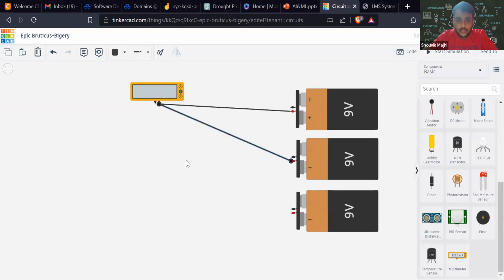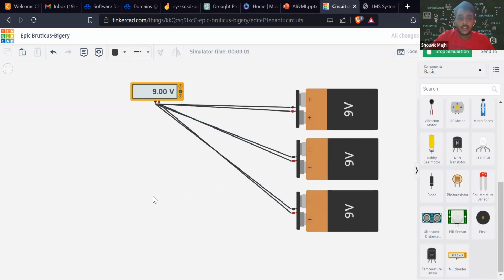Take the positive side to the positive, and the negative side to the negative, and again negative to negative. Again, if we start the connection, you will see I am getting a similar voltage of 9 volt. So this satisfies the series connections and the parallel connections of the power sources.